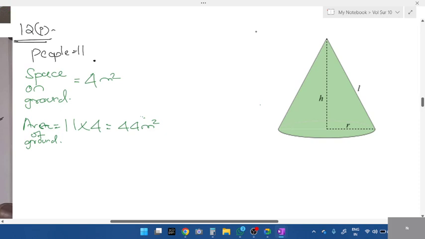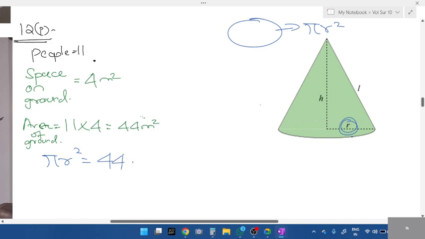In which shape is the area of ground or base? Circle. What is the area of a circle formula? Area of a circle is pi r square. So basically pi r square is equal to how much? All of you respond. Pi r square is equal to 44. Yes, 44. From this, we'll get to know the radius value.